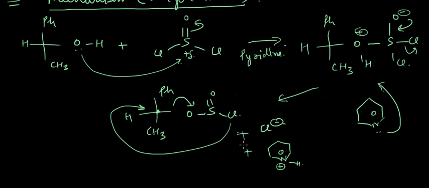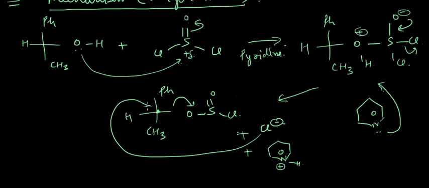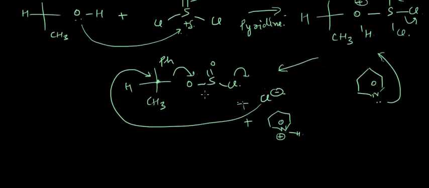Okay, so the formation of SO2 gas and Cl minus will happen in the reaction, and this chlorine would actually attack as a nucleophile from the back end side, as we have seen in the SN2 reaction.